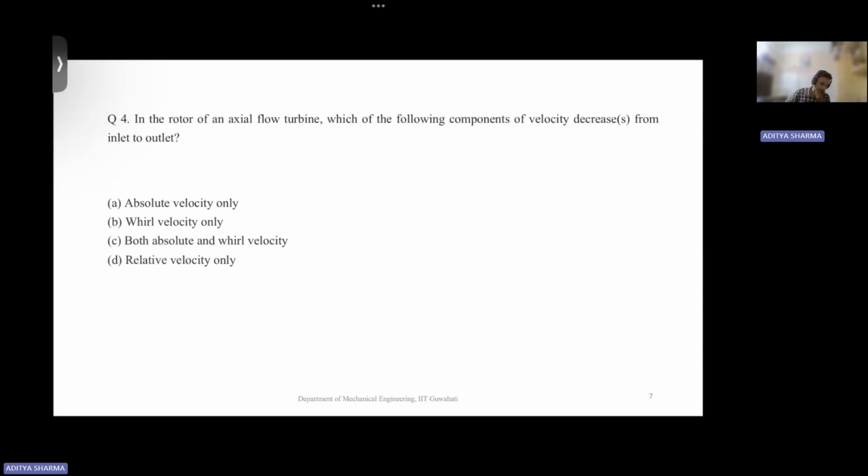Whether this is absolute velocity, tangential velocity, both absolute and tangential velocity, or relative velocity.